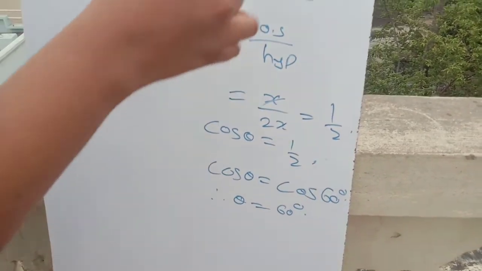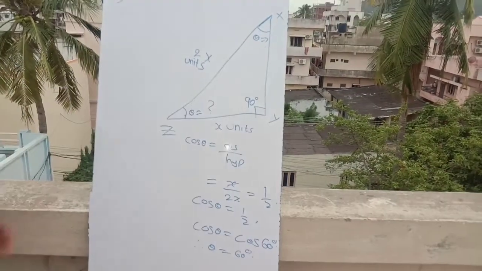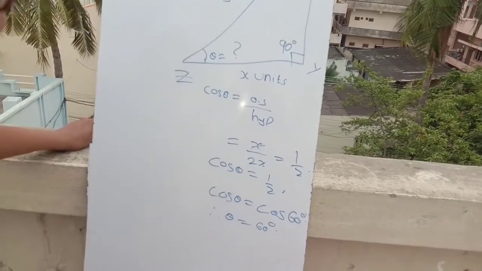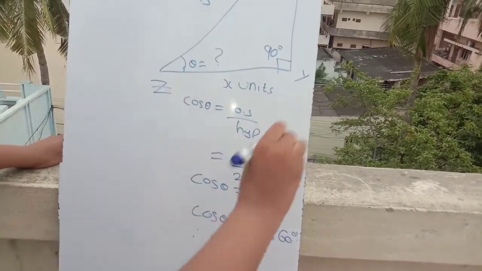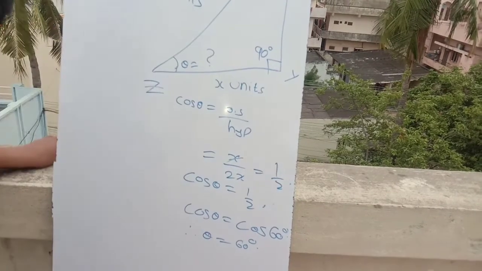Now we are going to find this other theta. For this theta, this x is going to be the opposite side and this is going to be the hypotenuse.